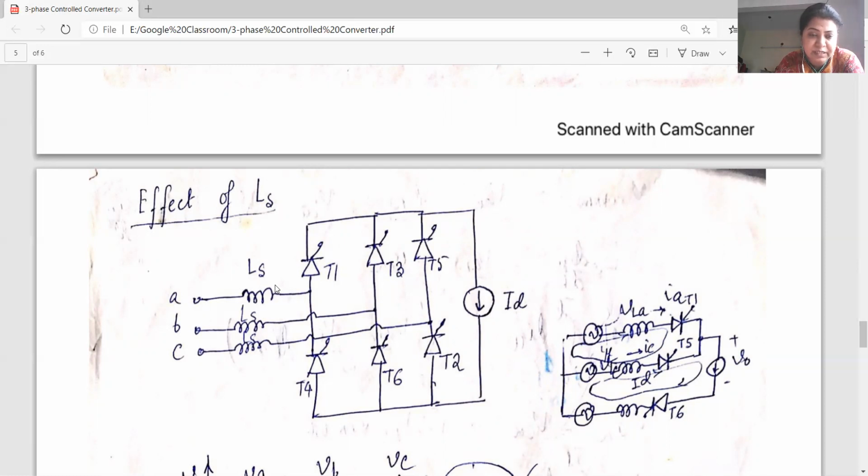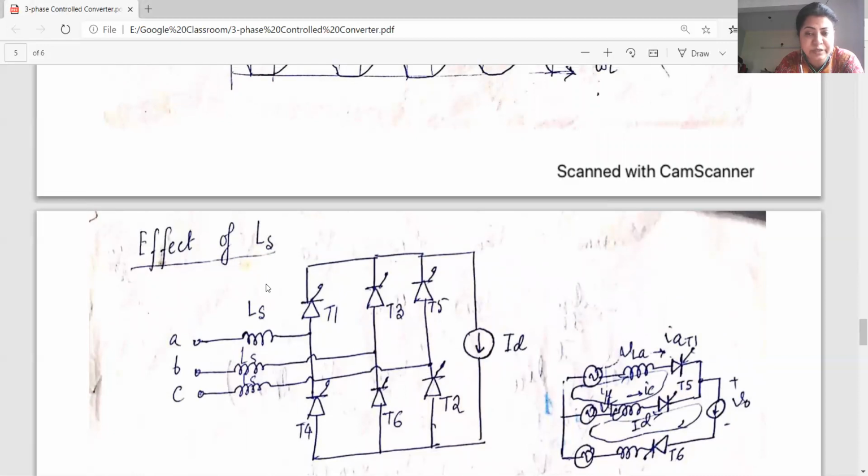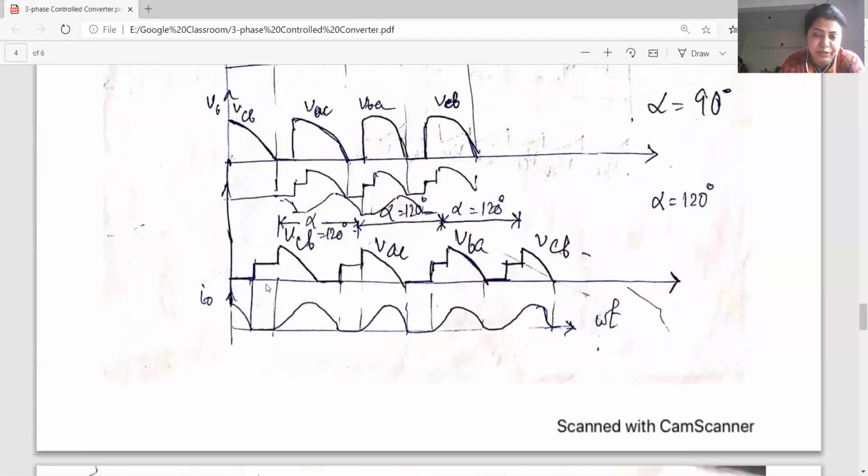The adverse effect of this LS is to reduce the output voltage, and two thyristors simultaneously work together during this interval, reducing the output average voltage.